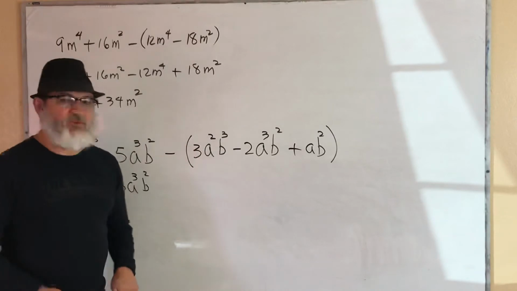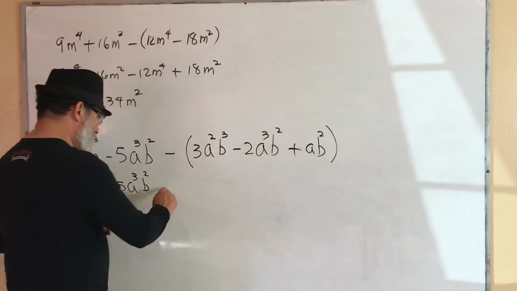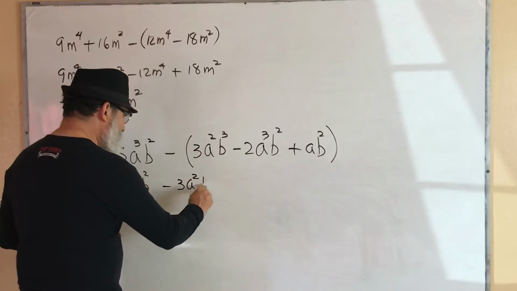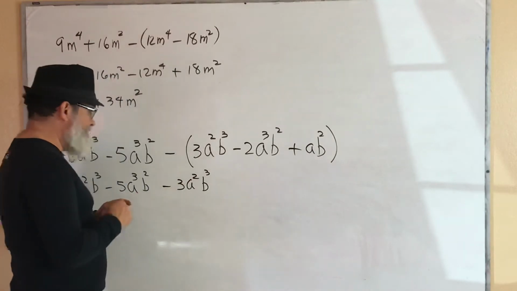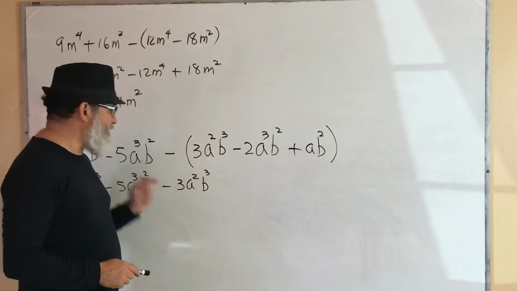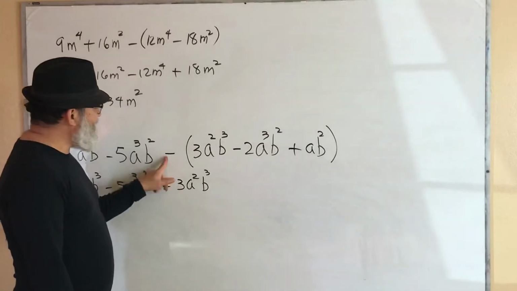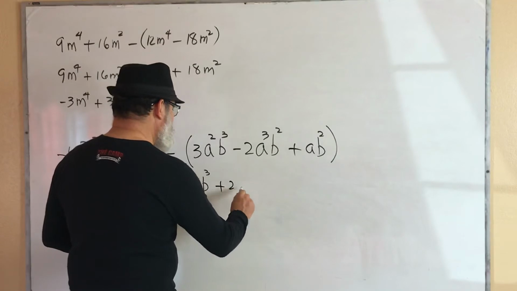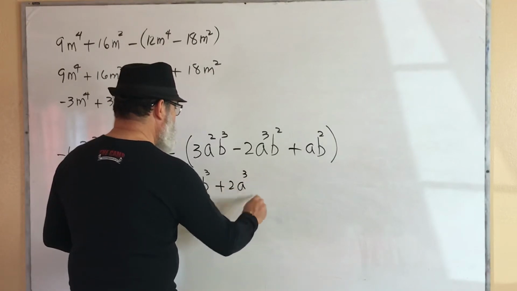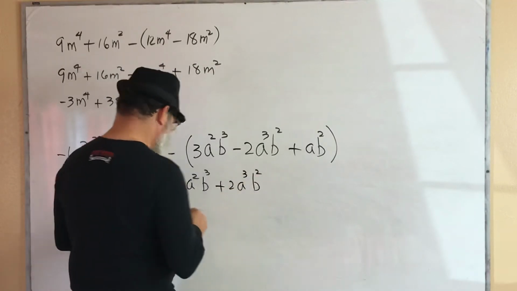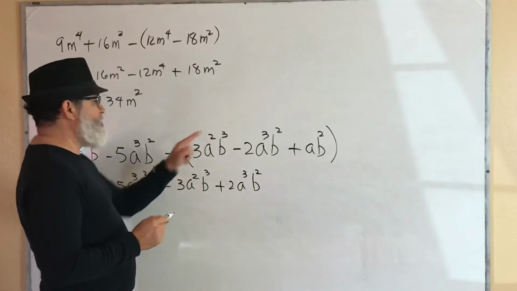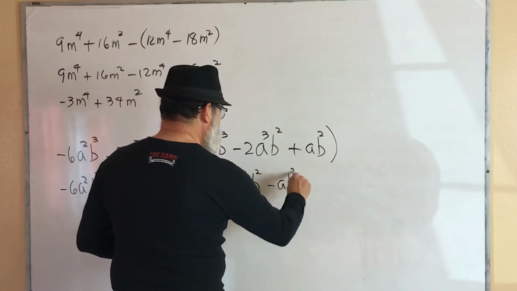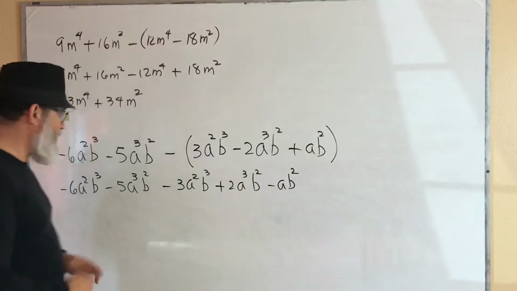And I'm going to distribute. Minus 3a squared b cubed, because a negative times a positive is negative. A negative times negative is positive. Plus 2a cubed b squared. A negative times a positive is negative. Minus ab squared.